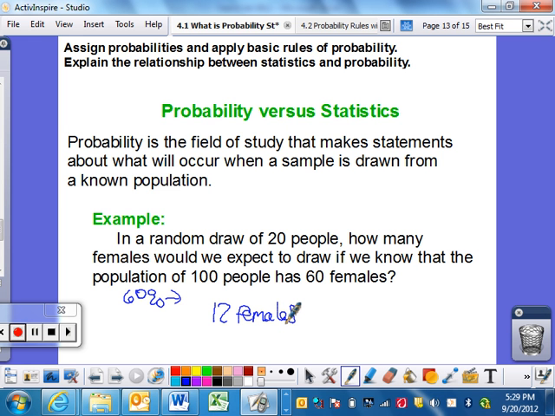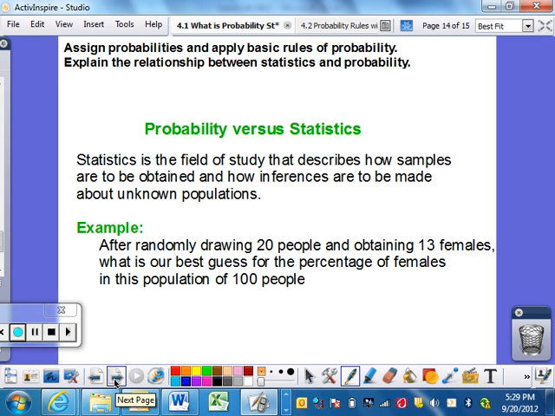That's the idea of probability: we have a known population, we know exactly what's happening, and we're randomly going to draw. Whereas statistics, where we're going in this class, is the field of study that describes how samples are to be obtained and how inferences, we're going to make inferences about unknown populations. So maybe we're going to randomly draw 20 people, and we figure out that we got 13 females out of those 20. And we're going to say, hey, what's our best guess for the percentage of females in a population of maybe 100 people?